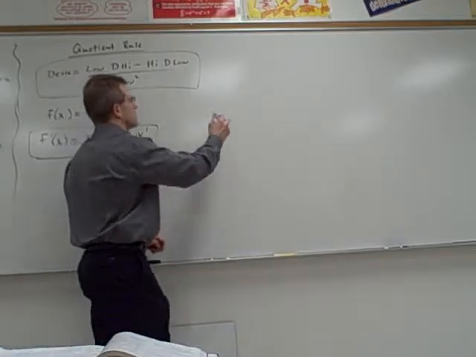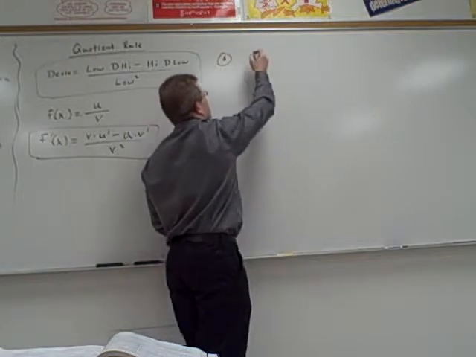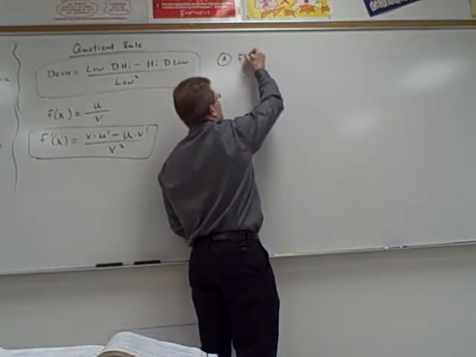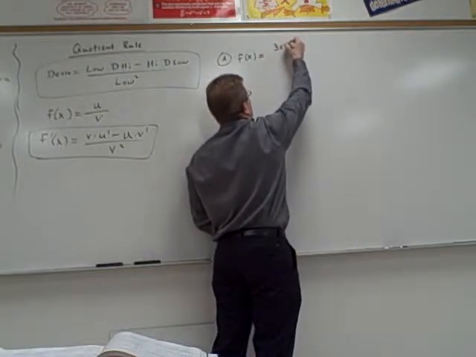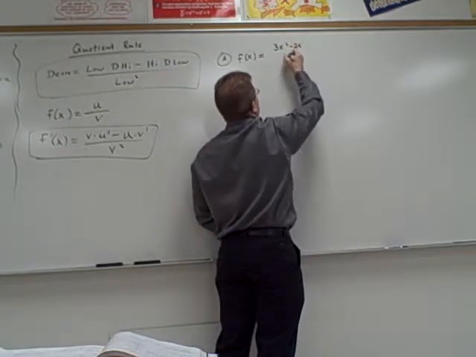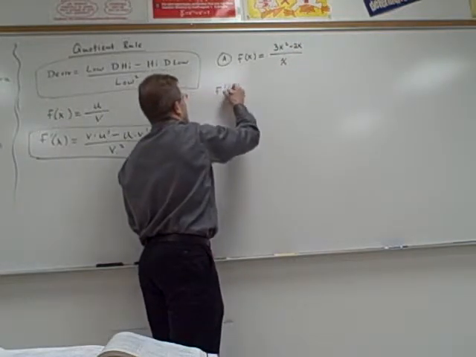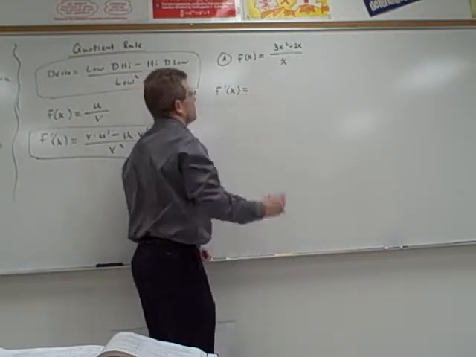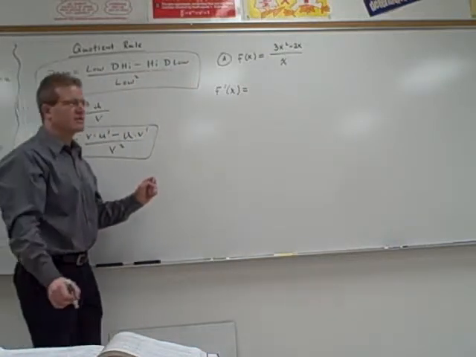All right, let's do something like, call this example A. Say f of x equals 3x squared minus 2x divided by x. So we're going to start with low. You always start with low. So low is x.